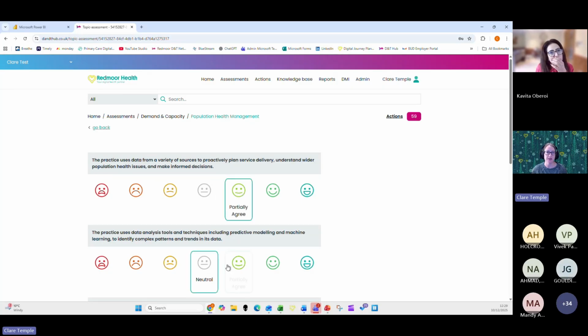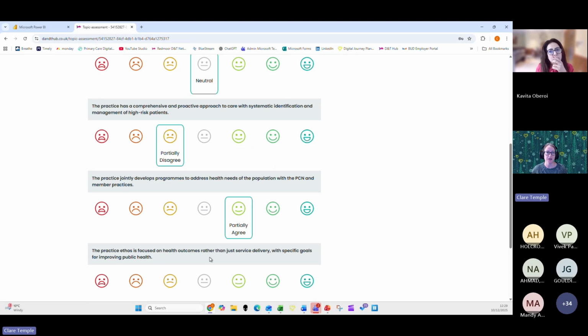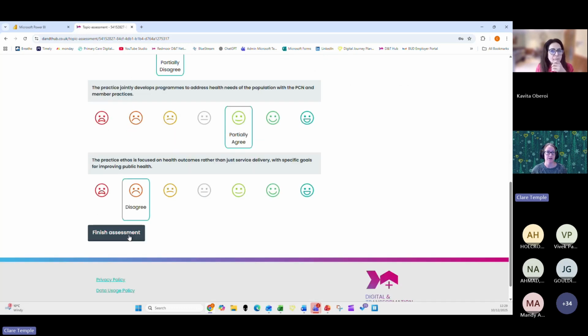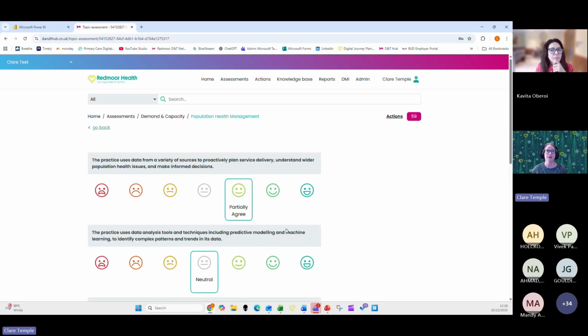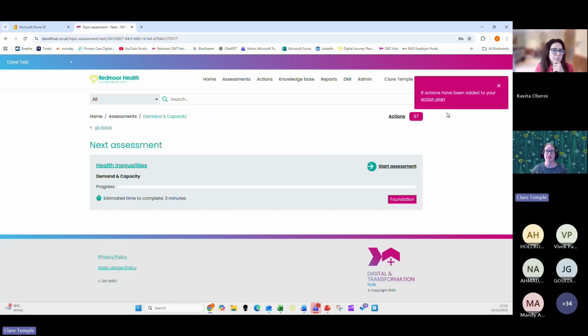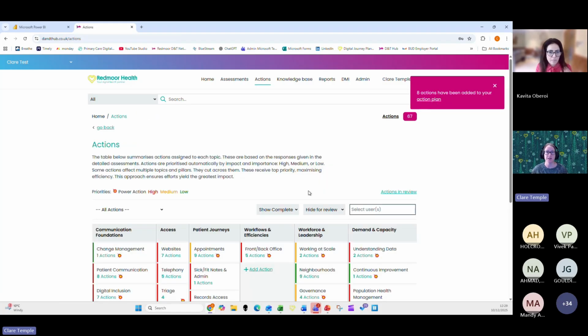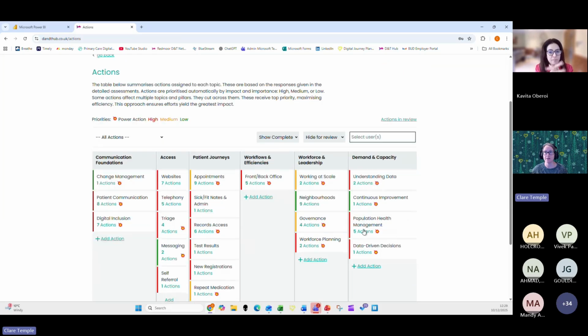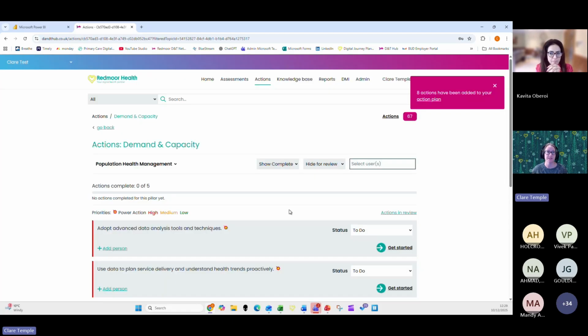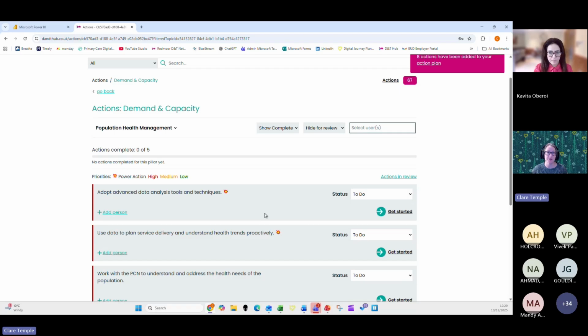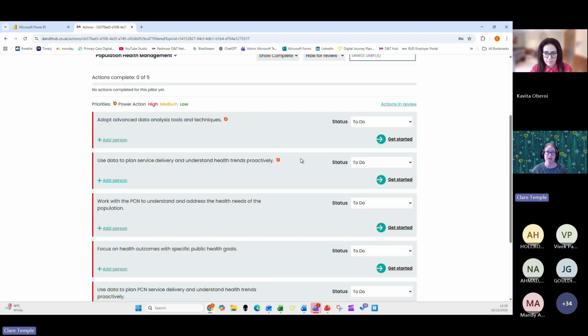So if I just quickly fill this in, and finish the assessment, you will see that I've had 8 actions added to my action plan. So if I click on my action plan, I can then go and see that 5 of them sit underneath population health management, and this gives you a real action plan to go from.